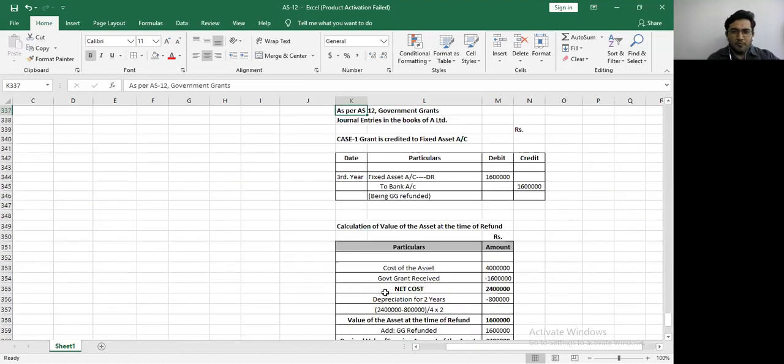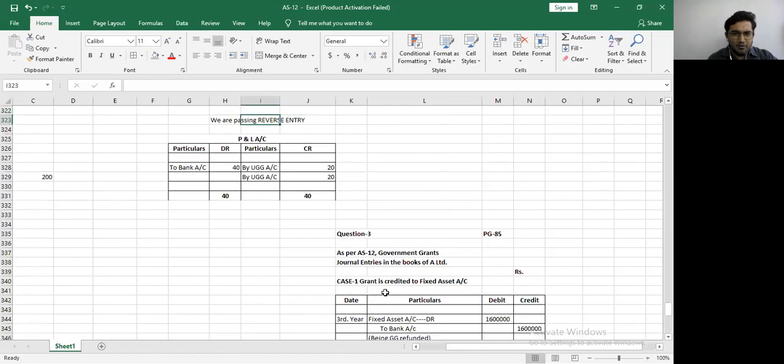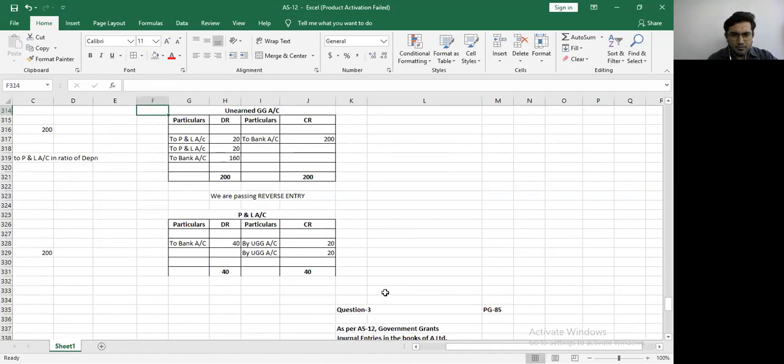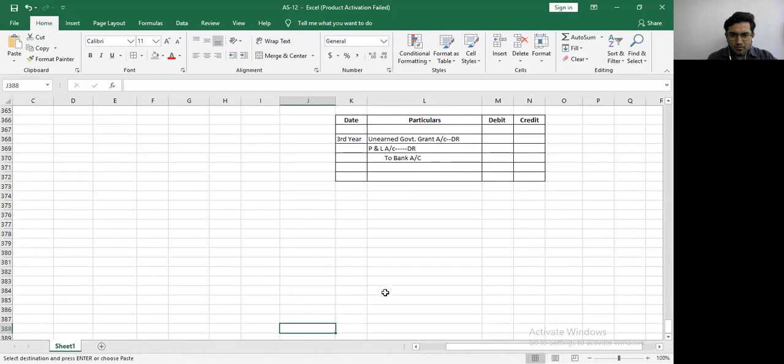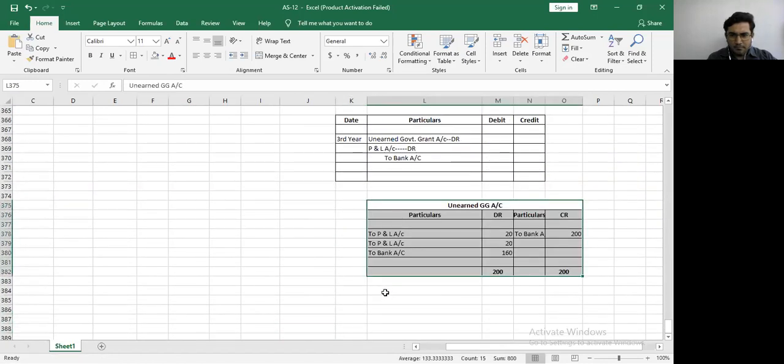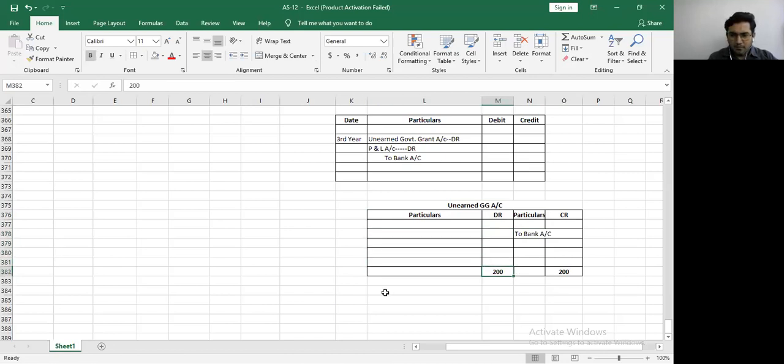Let us find out what will be the value in the unearned government grant account. Okay, now first understand, then I will give you time to copy, but first understand.